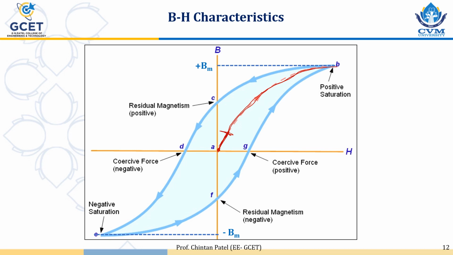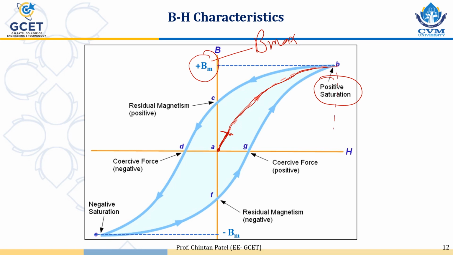So this AB portion is a graph of B versus H when we reduce the resistance and increase the current. After reaching point B, this point B is known as positive saturation. Positive saturation means the value of B becomes a maximum. So this is written as Bm. Bm means B max.